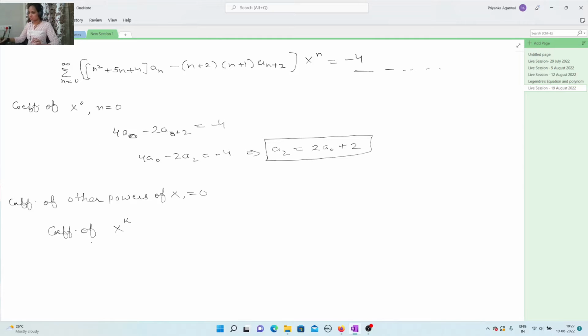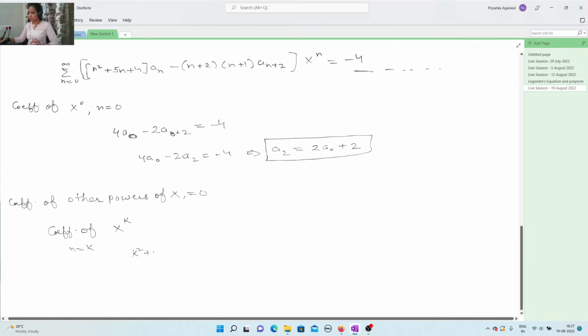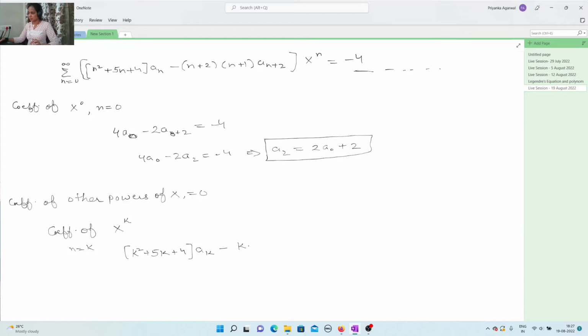If we replace n equals k in this equation, this will become k squared plus 5k plus 4, a k, minus k plus 2 into k plus 1, a k plus 2, and that is going to be 0, because this is the coefficient of x to the power k, and k is not 0.